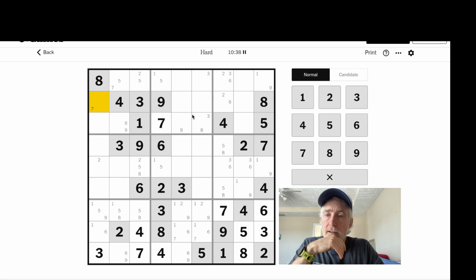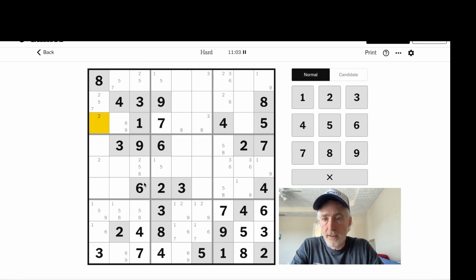What about here? We got the 1. 2 can be here, here, or here. 3 and 4 are in the box. 5 can't be here. 5 has to be, okay, 6. Okay, so this box can't be a 6 anymore because of this pair.